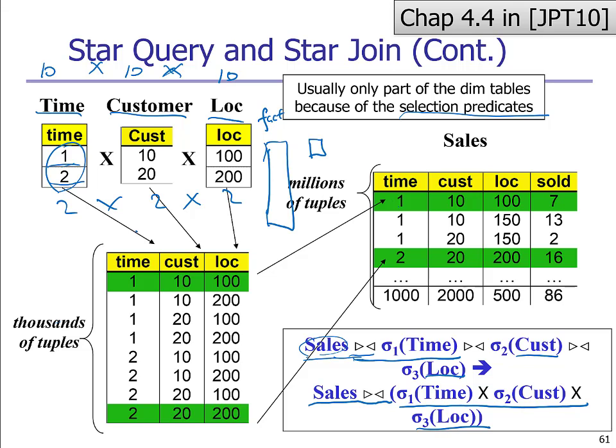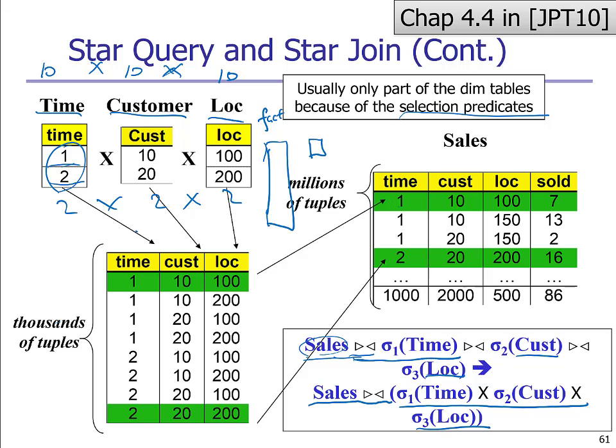So the thing is that in a relational database, you cannot fit millions of tuples into the memory at one time, because the memory size is limited, and actually we consider the page size. The page size is even smaller.